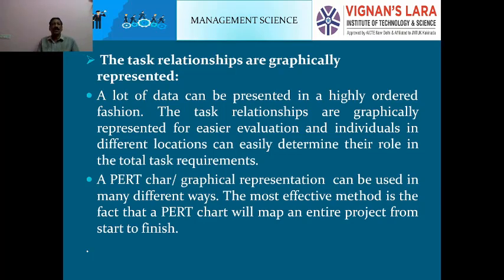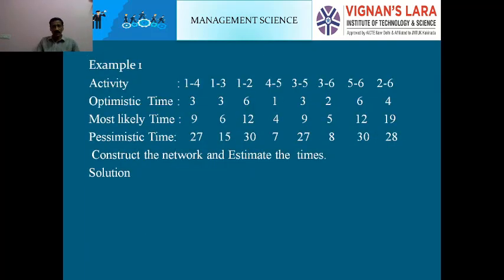That means a PERT chart graphical representation can be used in many different ways. The most effective feature is that the PERT chart will map an entire project from start to finish. That means it is easy to look at the position and the total progress of the project. Let us see one example.